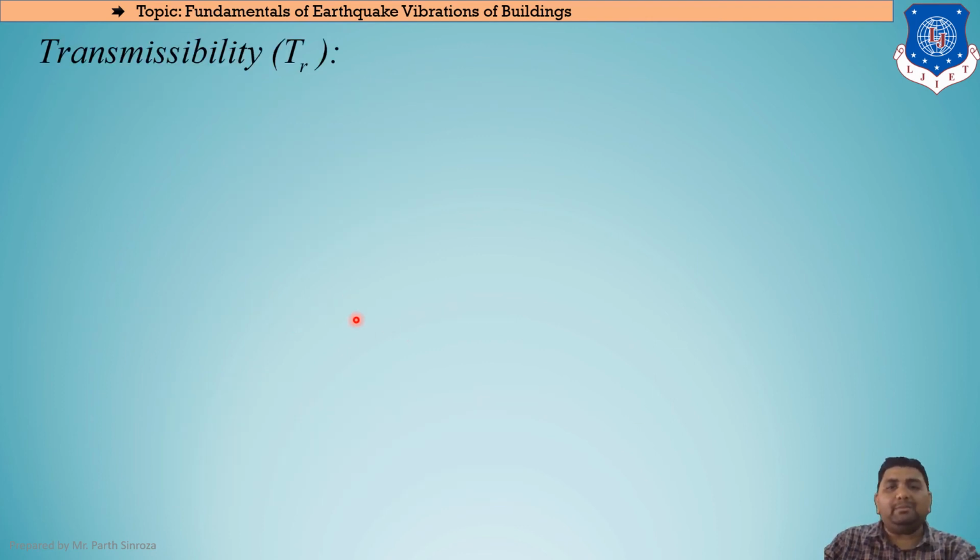Now, what is meant by transmissibility? Transmissibility is generally asked separately, as explain transmissibility, and as a separate theory too. So first, what does transmissibility basically mean? We all know that transmissibility means the ability to transmit. Loads are to be transmitted from one element to another element.